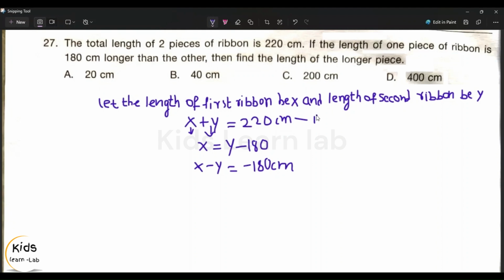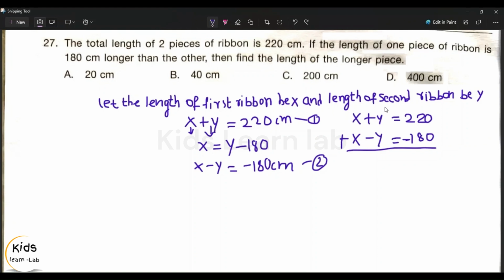So this is the first equation and this is the second equation. So let's solve these two equations. x plus y is equal to 220, x minus y is equal to minus 180.